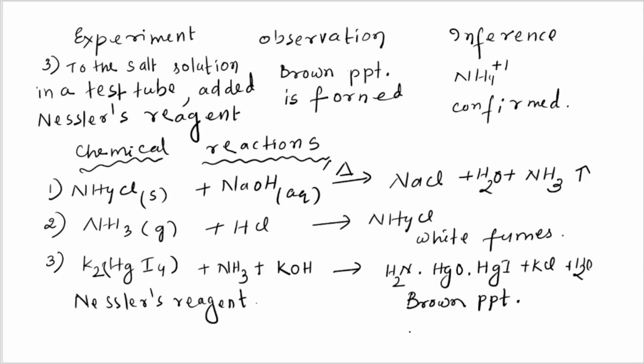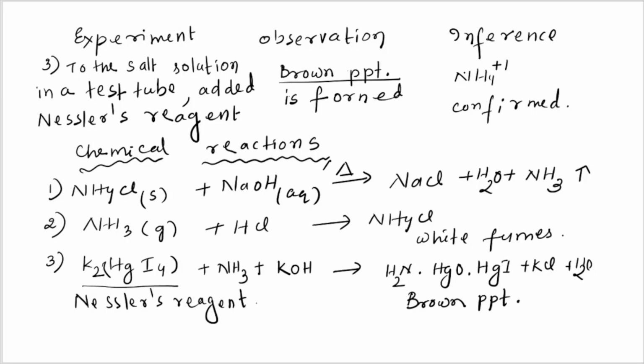How it is formed is not required, but you should know the formula of Nessler's reagent: K2HgI4, a complex compound. When Nessler's reagent is added to the salt solution, the main important thing is that a brown precipitate forms, and NH4+ is confirmed. These are three tests.